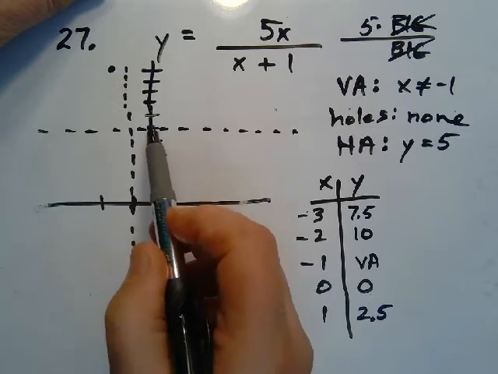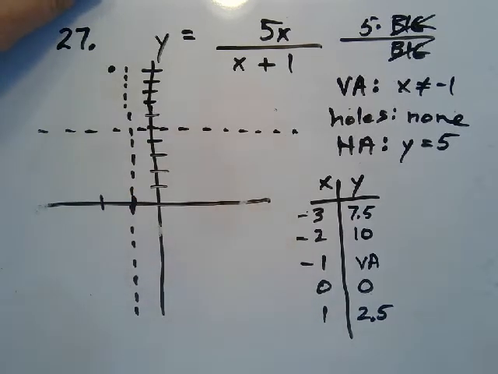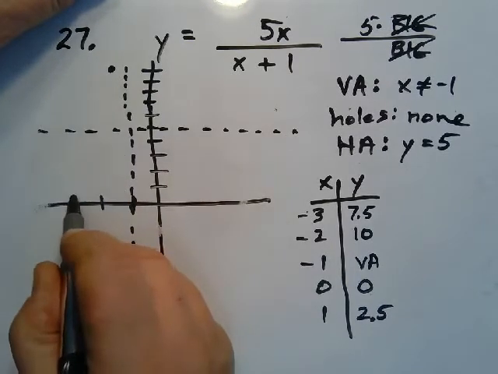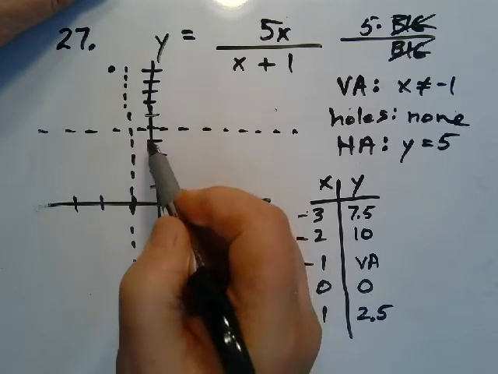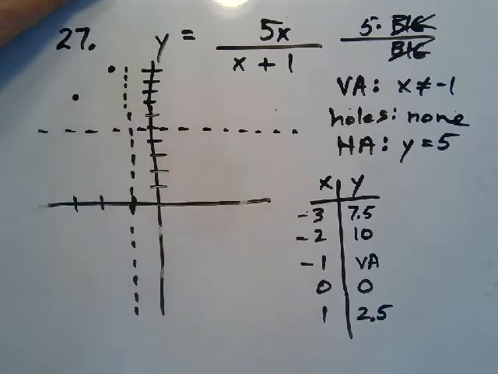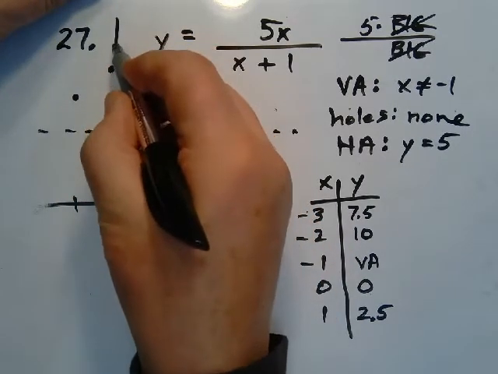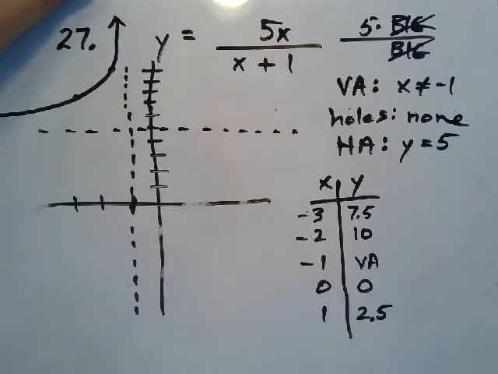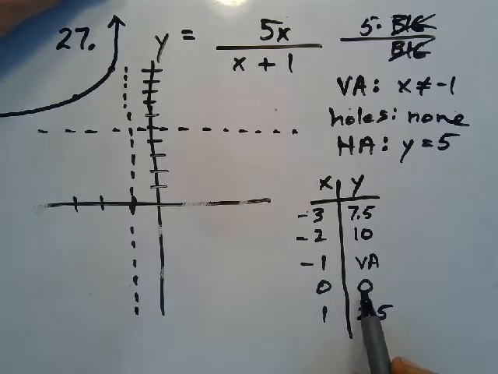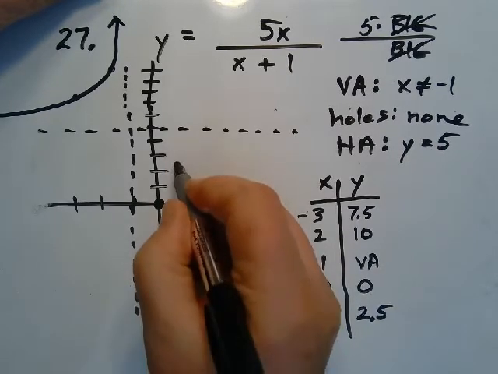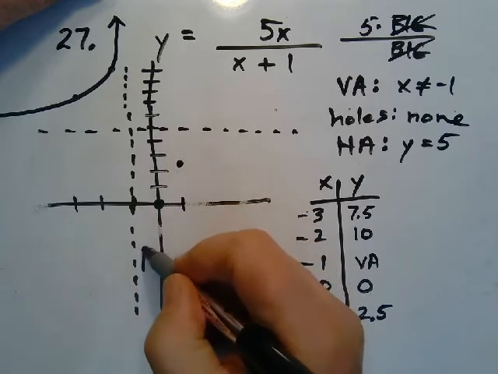My marks are not terribly evenly spaced here, and -3 is at 7.5. 7.5 would be right about here. So we can see those two dots, and it's going to be up in this quarter up here. You can see that we never really know what quadrant they're going to be in until we start plotting points. Down here, 0 went to 0, and 1 went to 2.5. 2.5 is right here. So here's our other graph.